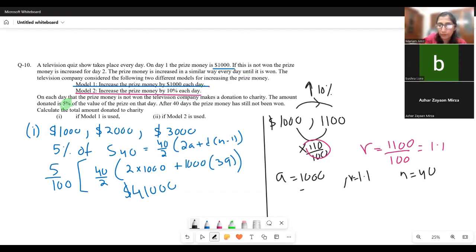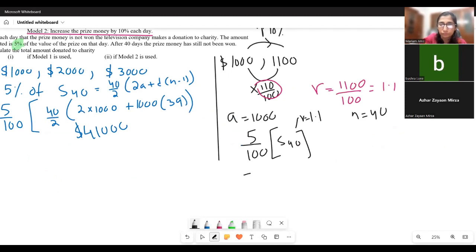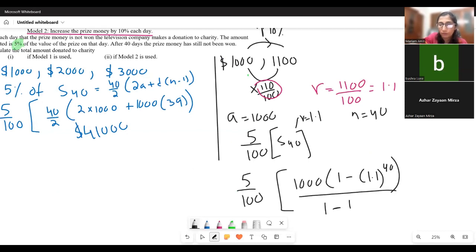So we have to find 5% of S40. So 5% of A times (1 minus R to the power N, which is 40), over the denominator 1 minus R. What does that give us?